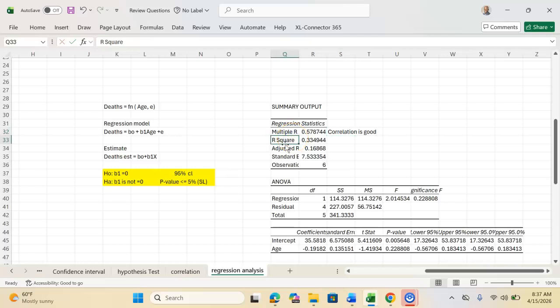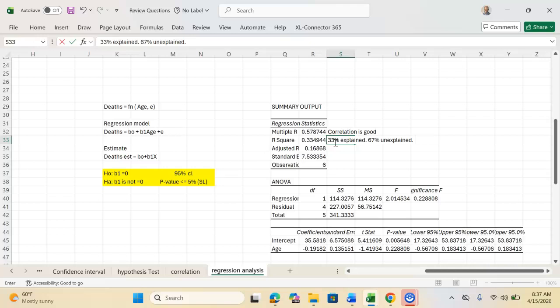So let's see R squared. R squared in this case is very small. R squared is 33% explained, so that means 67% is unexplained.